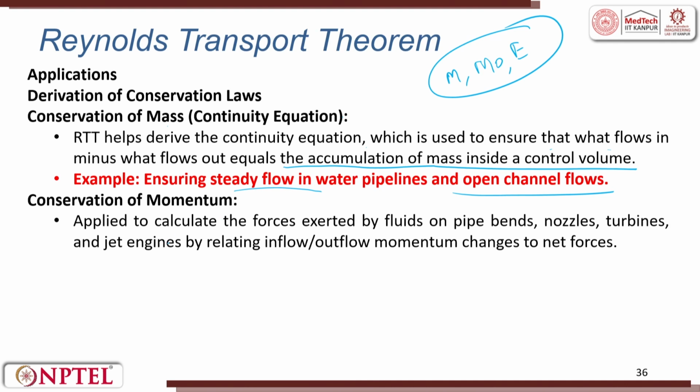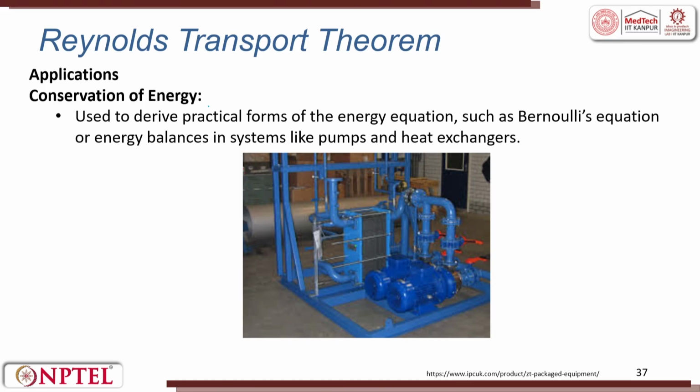Conservation of momentum is applied to calculate the force exerted by the fluid on pipe bends, nozzles, turbines, and jet engines, relating the inflow and outflow of momentum changes to the net force. So, this is where momentum comes into action. Conservation of energy is used to derive practical forms of the energy equation, such as Bernoulli's equation, or energy balance in systems like pumps and heat exchangers.